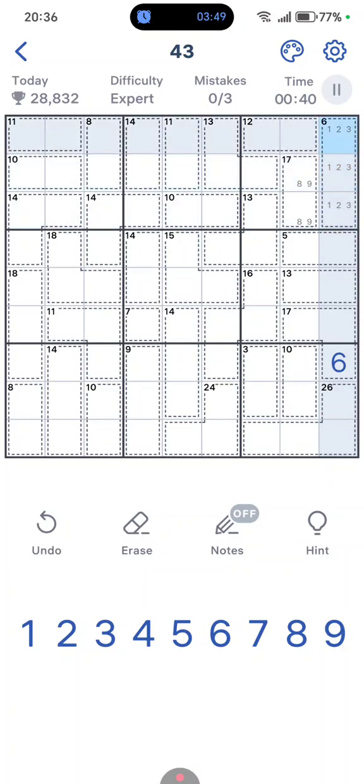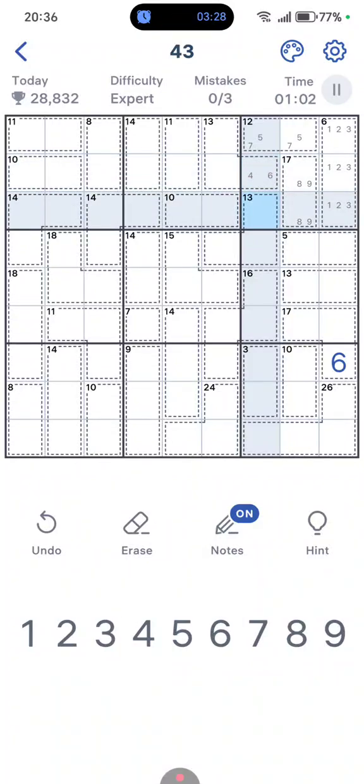Up here, 1 plus 2 plus 3 is the only solution to 6. Same for 8 and 9 for 17. Those take away enough options from 12 to mean that 12 can only be 5 and 7. It also gives us some leftovers, which is 4 and 6.